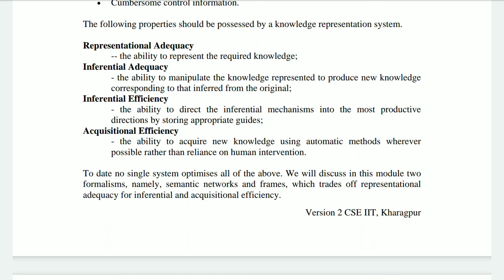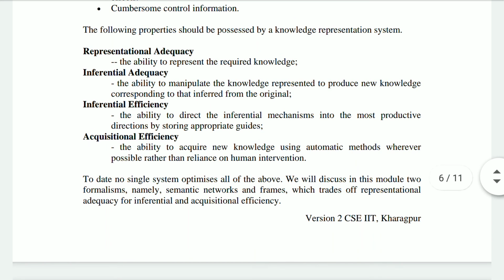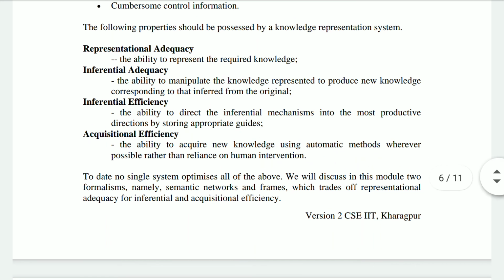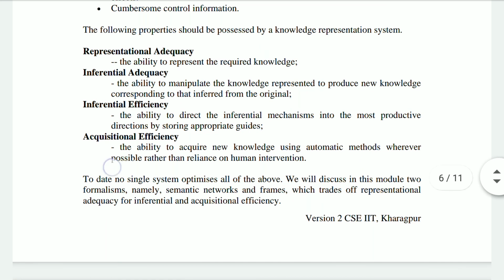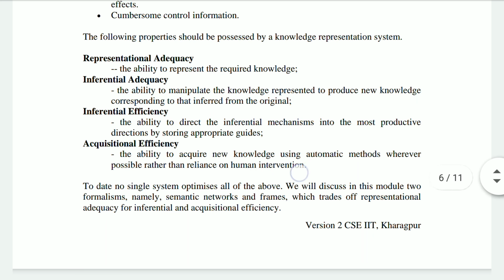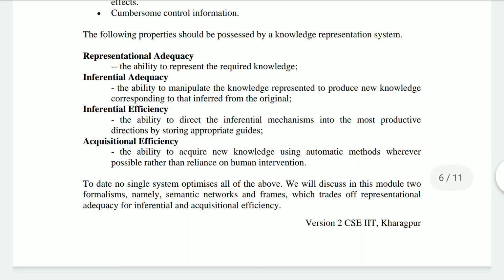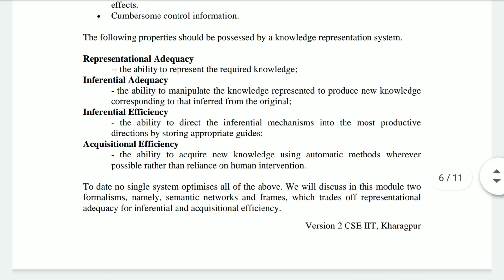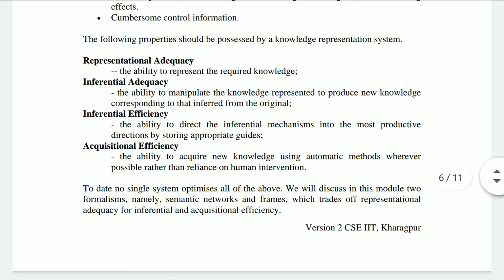Acquisitional efficiency is the ability to acquire new knowledge using automatic methods wherever possible rather than reliance on human intervention, right? That means since I have to acquire more and more knowledge to make the system much more efficient, we should not only rely on human intervention, rather we should have automatic methods whenever possible to acquire that particular knowledge, right?